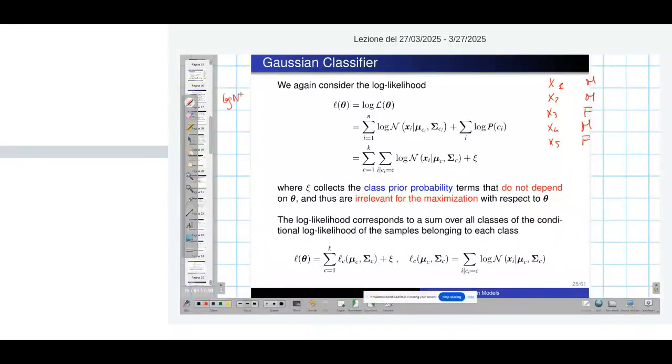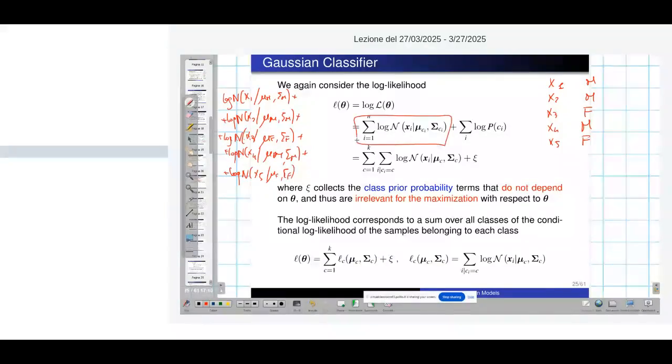It would be log normal of x1 given male plus log normal of x2 given male plus the same thing for x3 given female, plus the logarithm of the same thing for x4, in this case male, plus the logarithm of x5 given the parameters of the female. This would be the sum that you have in this expression.